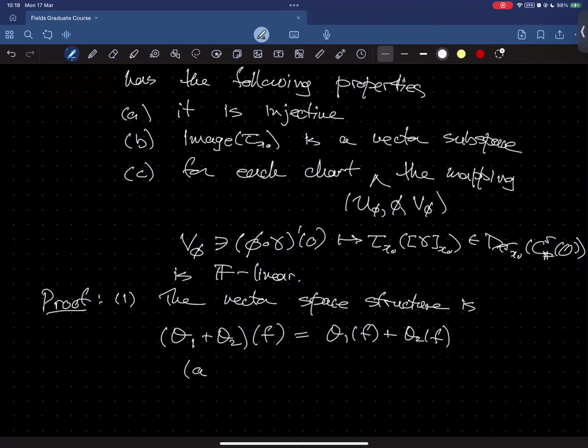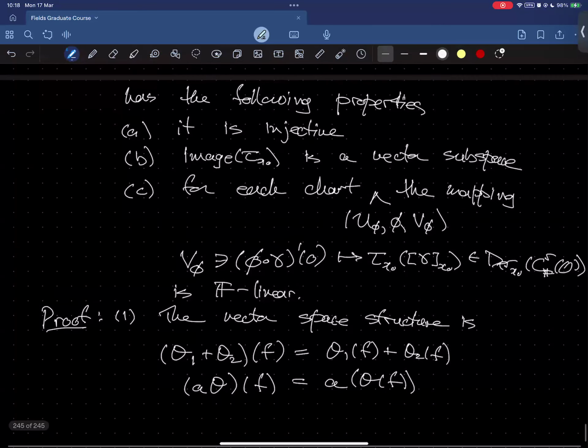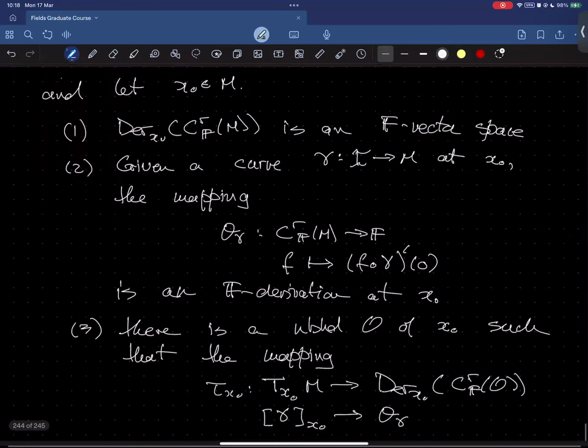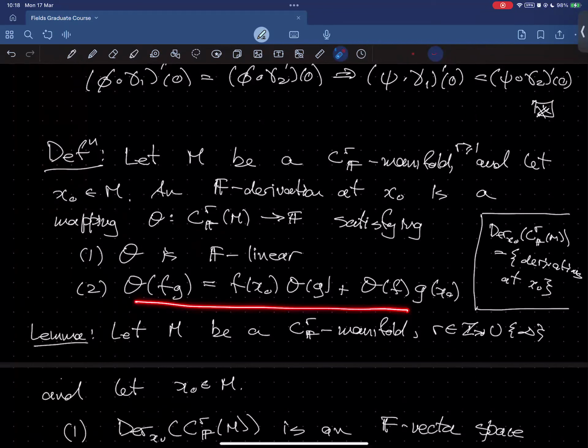Similarly, I multiply a derivation by a scalar a, and I need to tell you what it does to an f, and it does the only thing that it can do in terms of the symbols that you're given. Notice you have to be a little careful with that argument. It does the only thing that makes sense because, for example, a derivation doesn't do that, right?